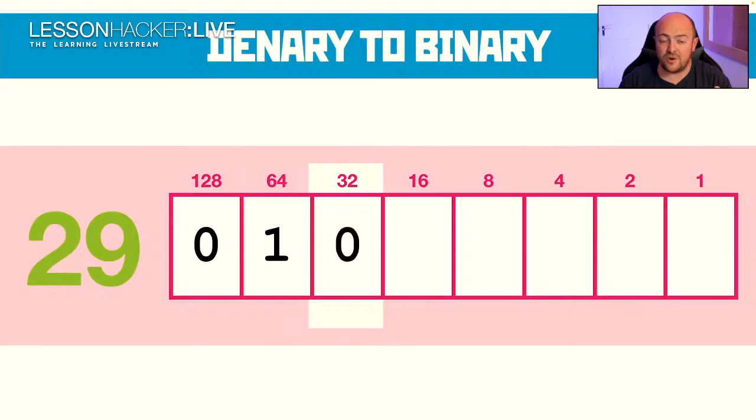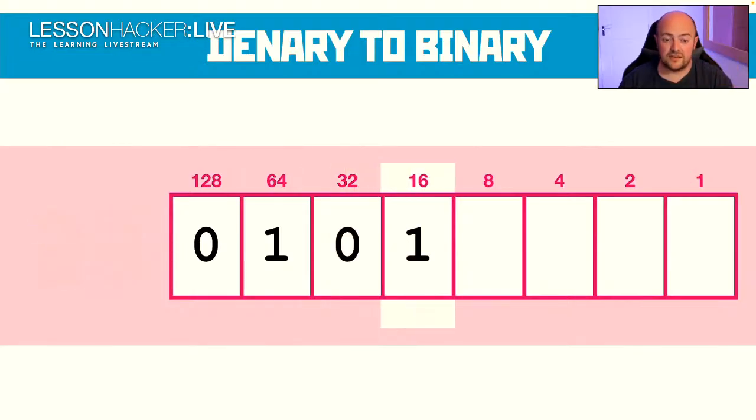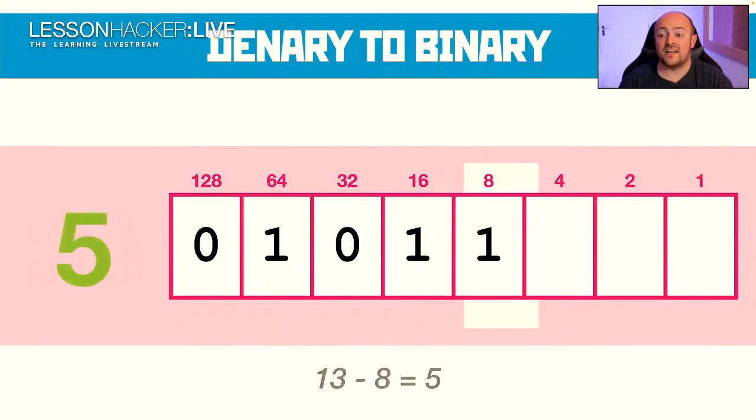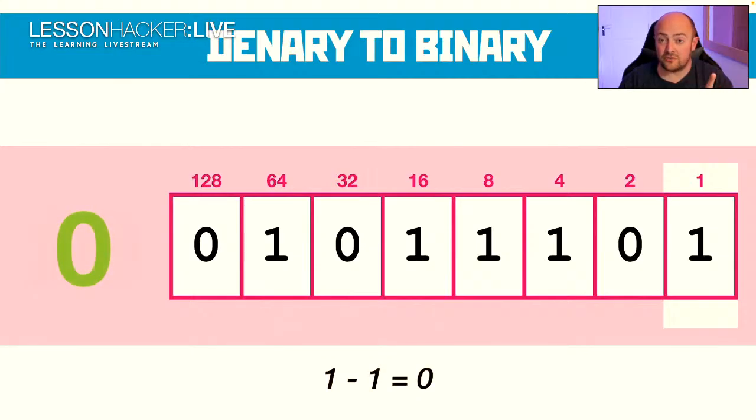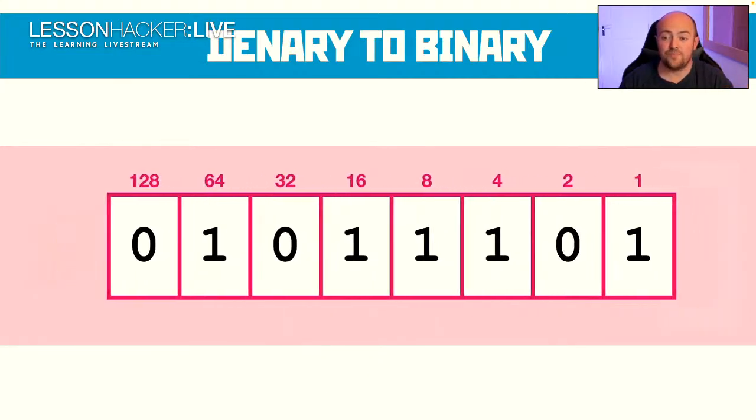Can I take 32 away from 29? I can't. Can I take 16 away? I can. So let's use 16. 13 left. Can I take 8 away from 13? I can. I've got 5 left. Take 4 away from 5? I can. I've got 1 left. Can I take 2 away from 1? Nope. Can I take 1 away? I can. You'll know it's right because you'll end up with a 0. Boom. There's your binary.